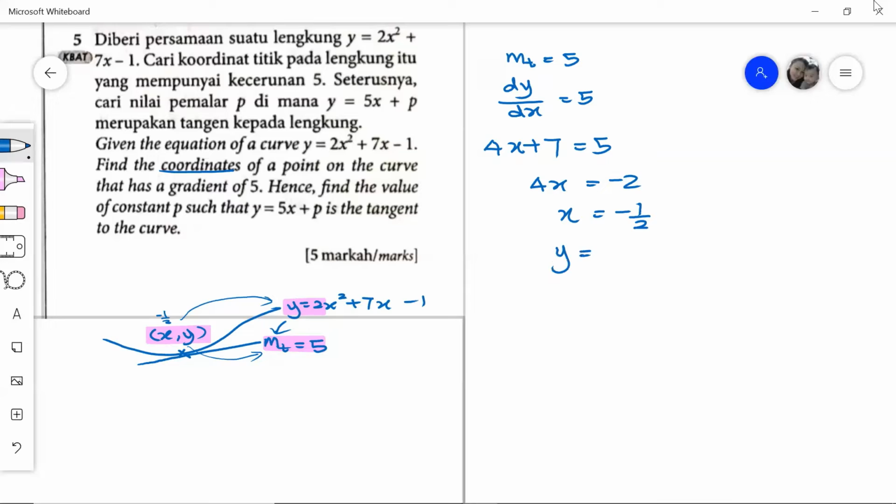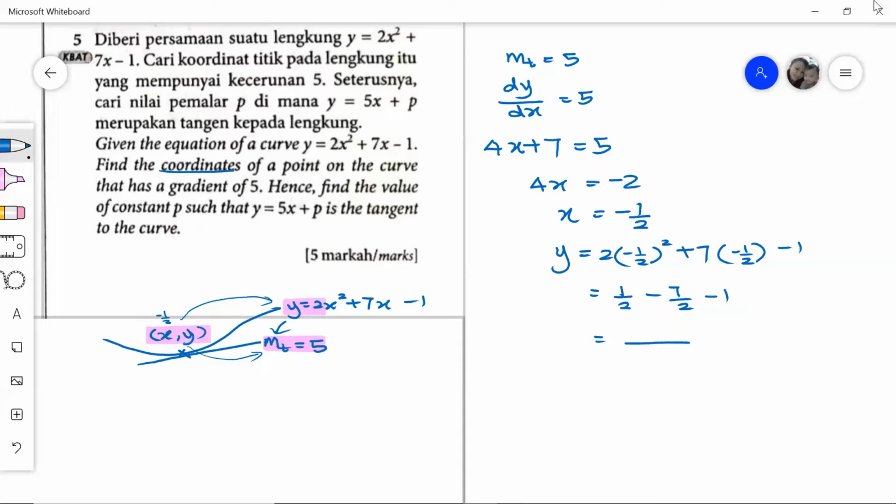So therefore, I substitute x equals to negative half into the function of y. So y equals to 2x squared plus 7x minus 1. So negative half, negative half. All right, so we will have 1 over 4, 2 times 1 over 4, so we have 1 over 2, minus 7 over 2, minus 1.